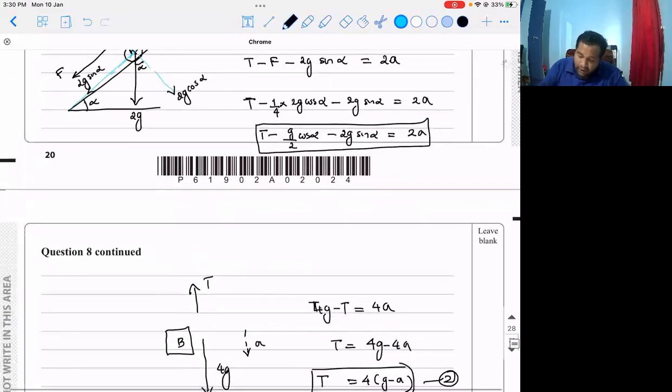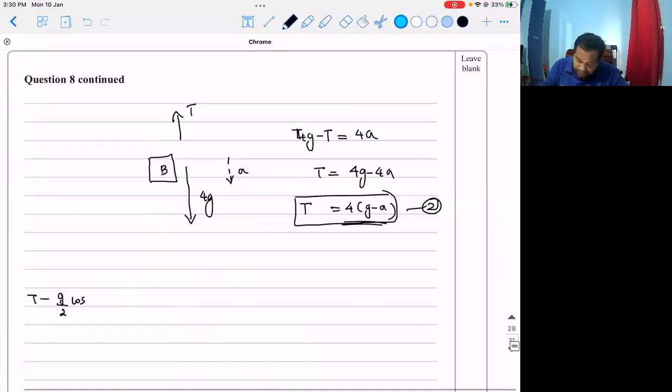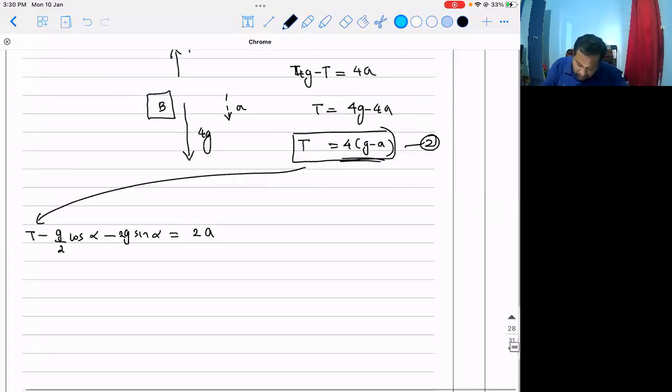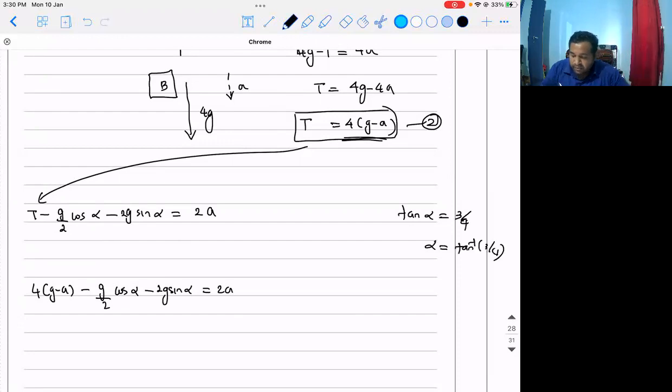And we have already derived equation number 1: T minus g/2 cos alpha minus 2g sin alpha is equal to 2a. So in place of T, we can replace 4g minus 4a, minus g/2 cos alpha minus 2g sin alpha is equal to 2a. We know that tan alpha is 3 upon 4, therefore alpha is tan inverse 3 upon 4.